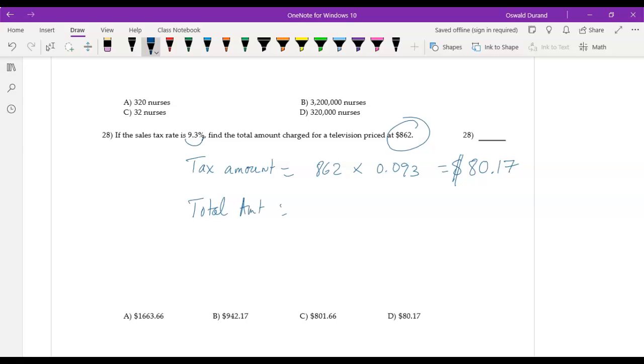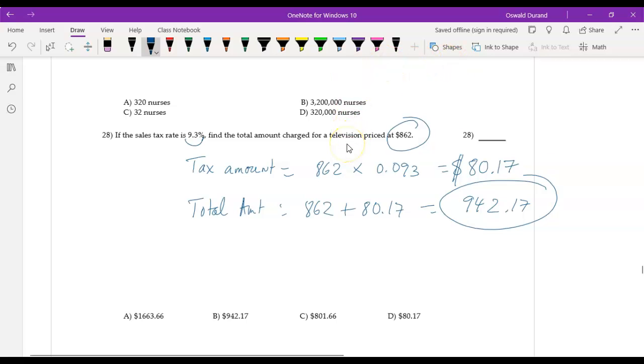And that would be the price of the TV, 862 plus $80.17, which is the tax amount. You add those two, and you should get $942.17. That should be your final price.